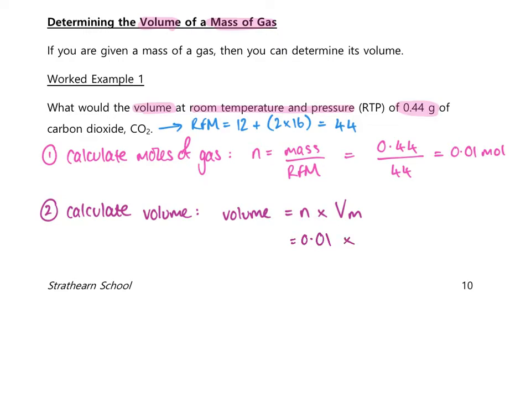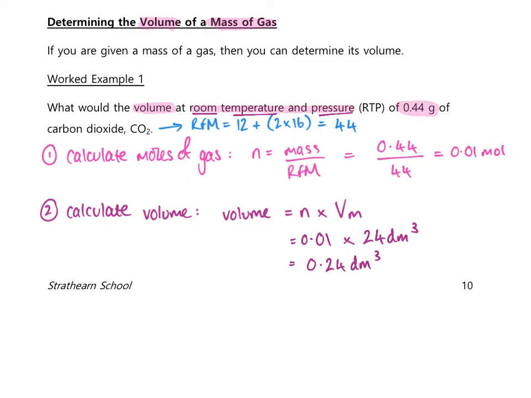Our molar gas volume, well, it depends on the conditions, but we're told that it's room temperature and pressure. So you need to know the value of this, as the molar gas volume is 24 decimeters cubed. We know that 1 mole of gas under room temperature and pressure takes up a volume of 24 decimeters cubed. Put that into your calculator and you get 0.24 decimeters cubed.